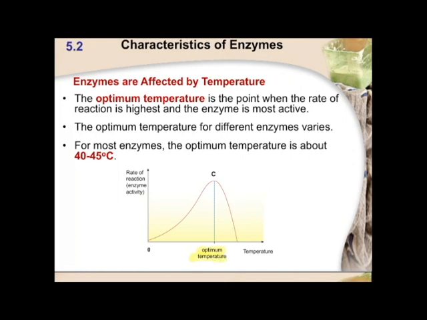So the optimum temperature is the point where the rate of the reaction is the highest, and this is where the enzymes are most active. Do take note, we use the word optimum here. Generally, enzymes have different optimum temperatures. It really varies depending on what kind of enzyme.